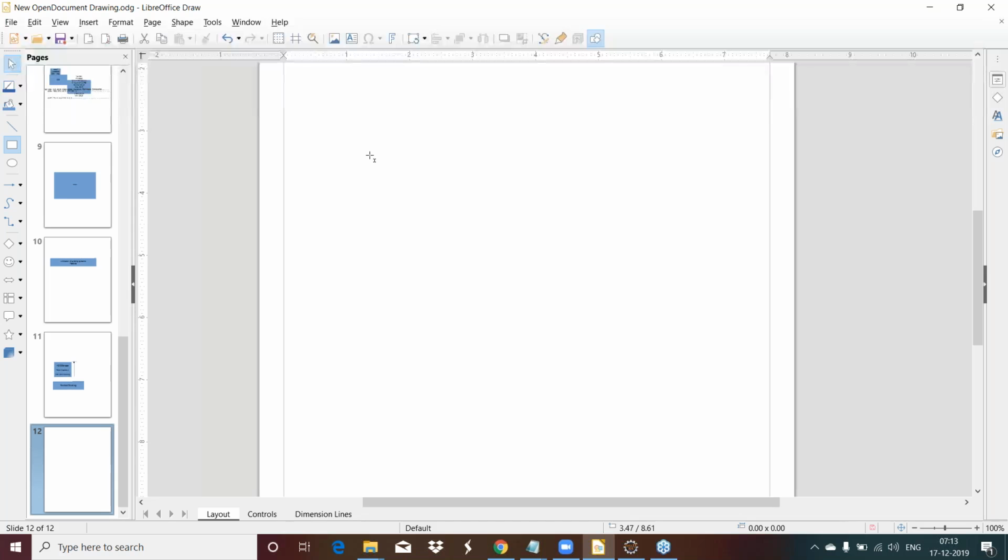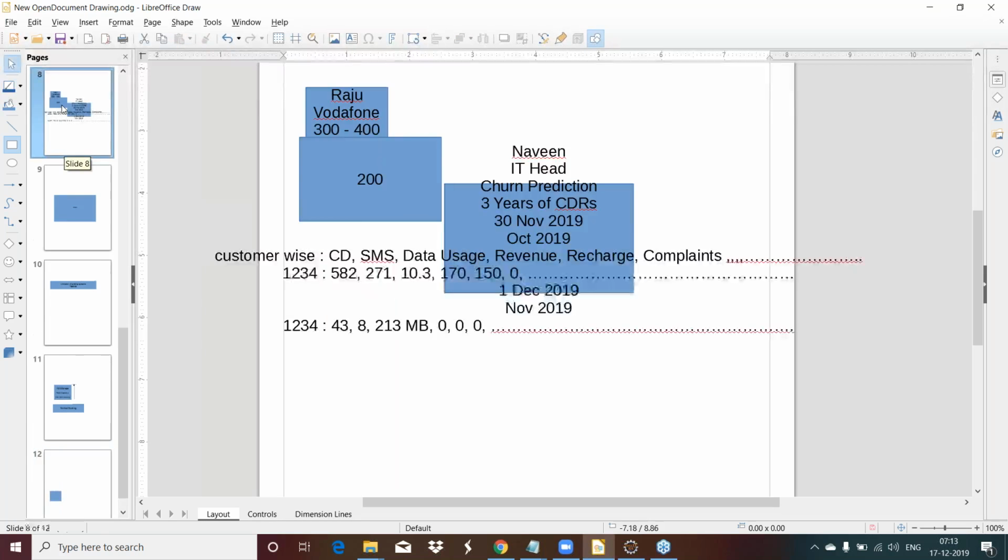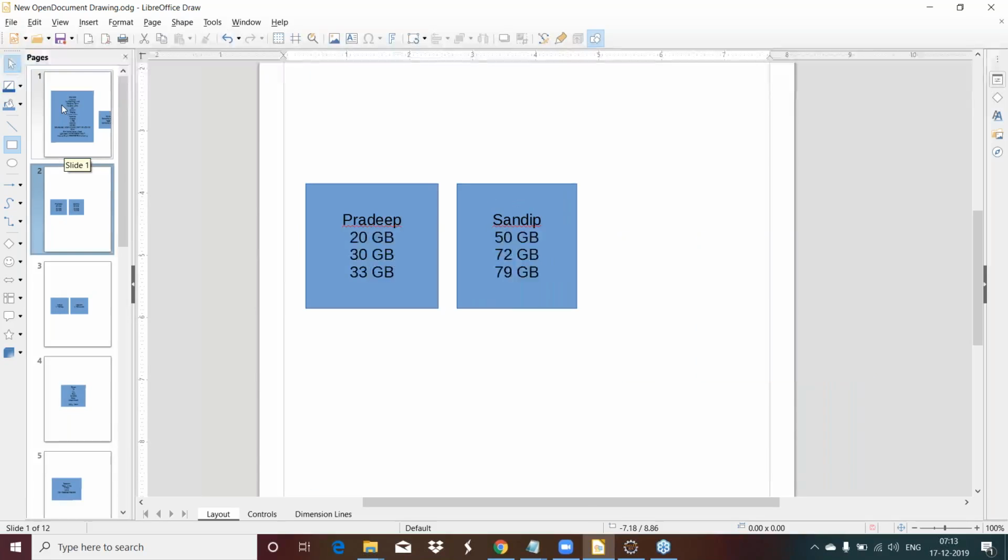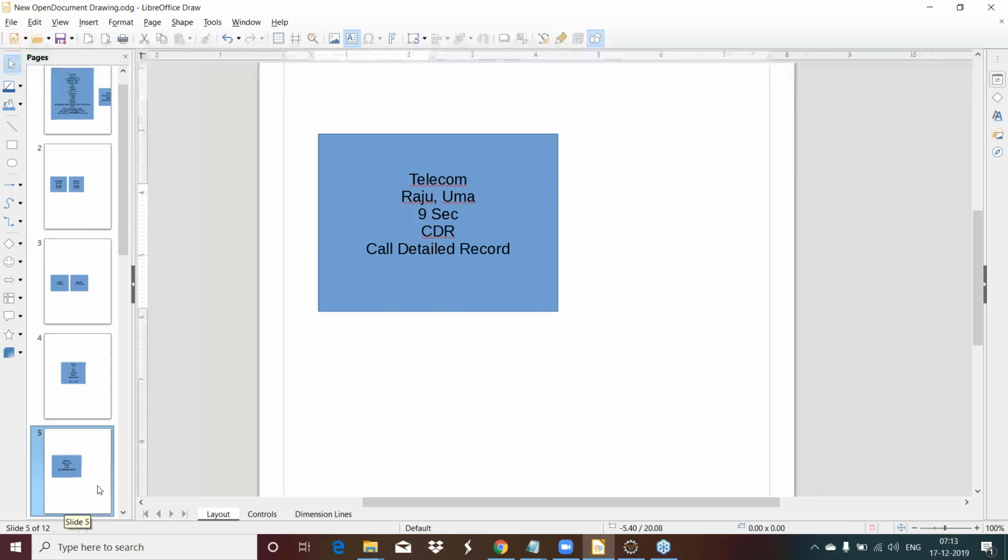So what does Hadoop say? Let me say this was the machine. Yesterday we took the example of Pradeep. We said that Pradeep was able to process 20 GB of data on one system.